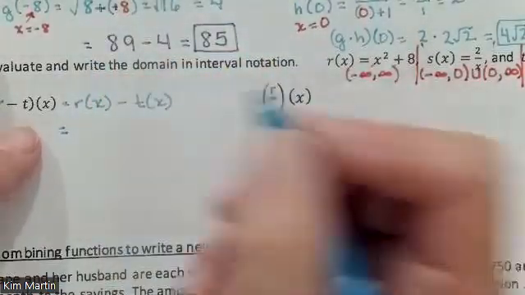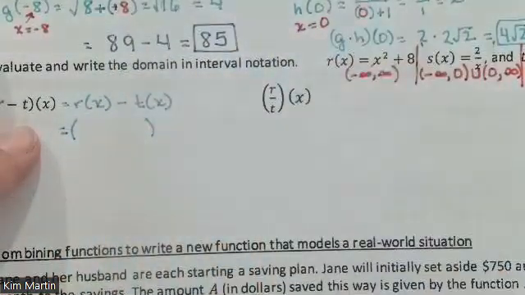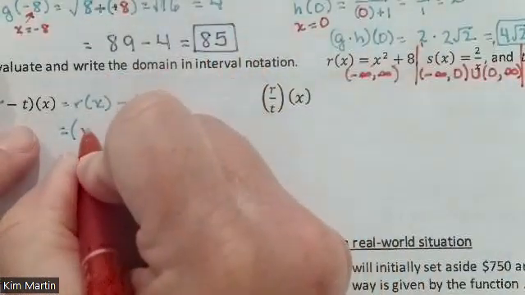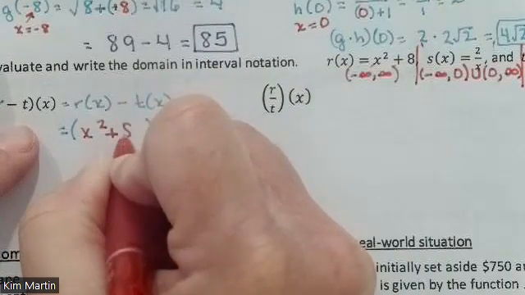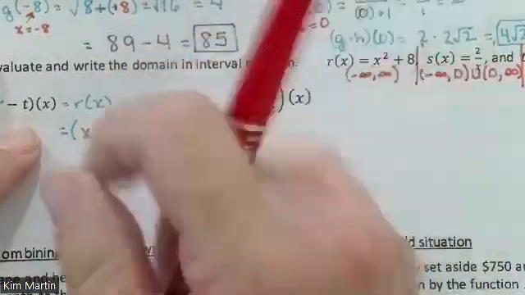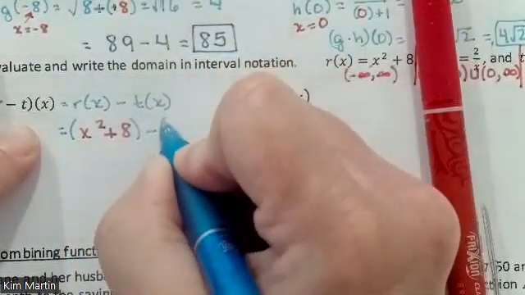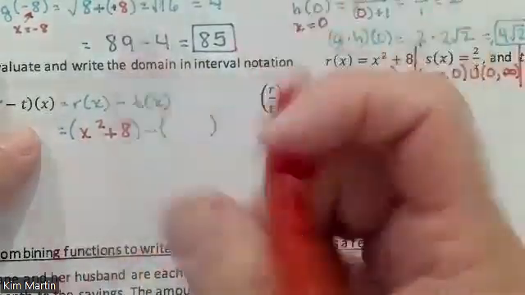So I am going to replace R of X with its function. My R of X was X squared plus 8. And I'm going to subtract my T of X. Well, my T of X was X plus 4.